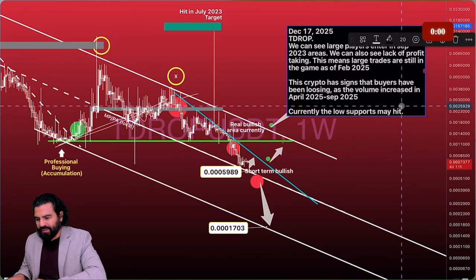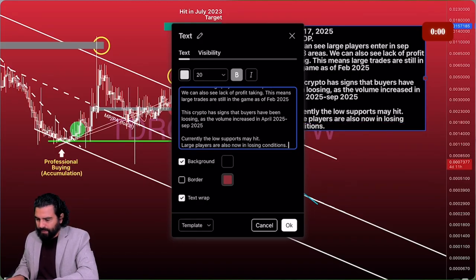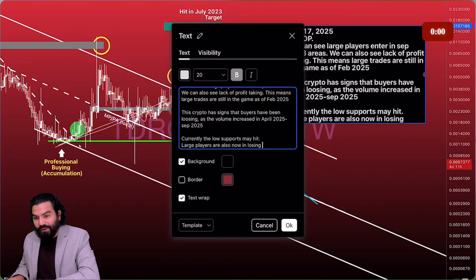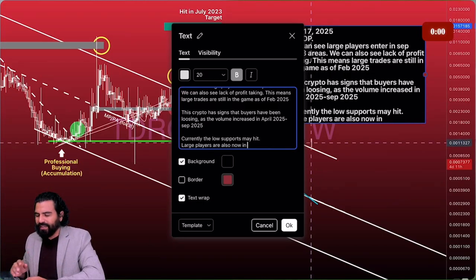Currently, the low supports may be hit. Buyers, large players, are also now in losing conditions. I shouldn't say, I don't want to use the word losing, even though that's the right word. I'm currently using winning and losing in terms of the buying context that I've already taught you.